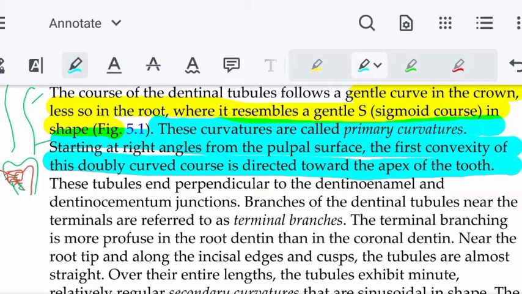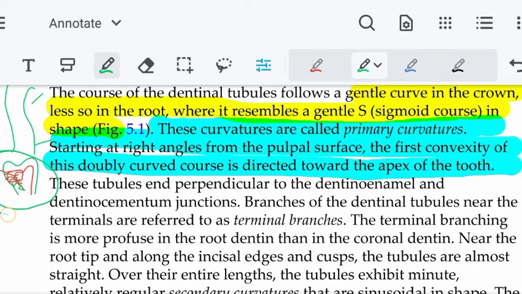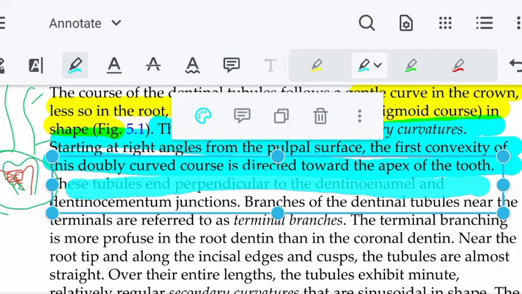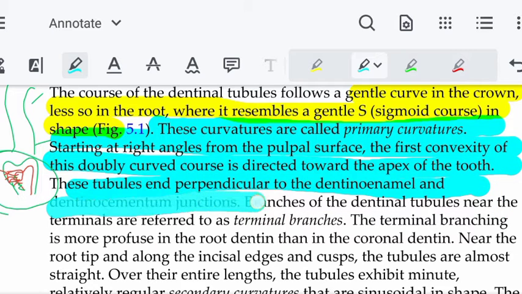I showed you in this diagram that it is perpendicular at the dentino-enamel junction.